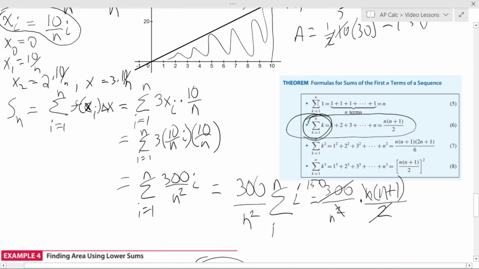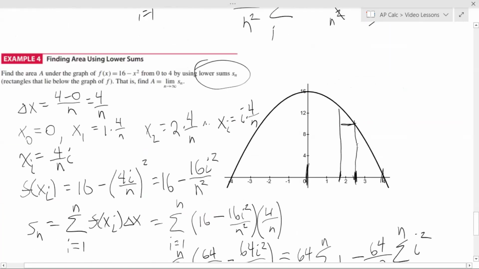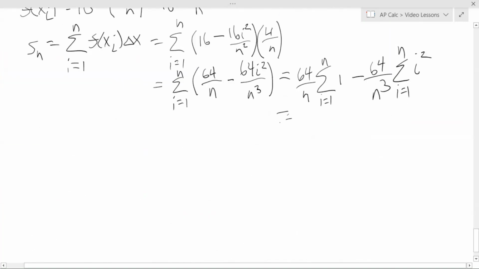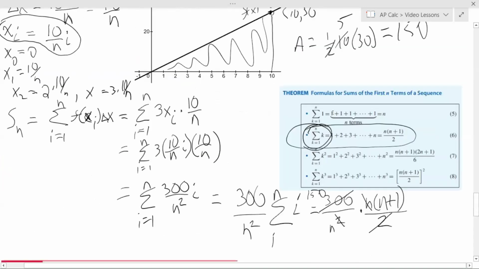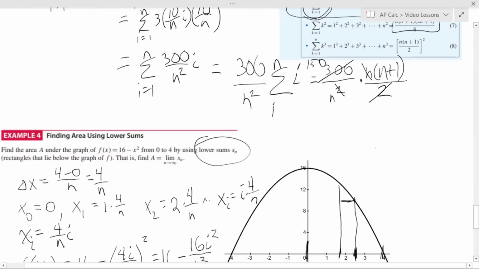So the summation formula for the sum of 1 is just adding 1 repeatedly, so n times. So this is going to be 64 over n times n. This is going to be minus 64 over n cubed times the sum formula for i squared, which is n times n plus 1 times 2n plus 1 over 6.